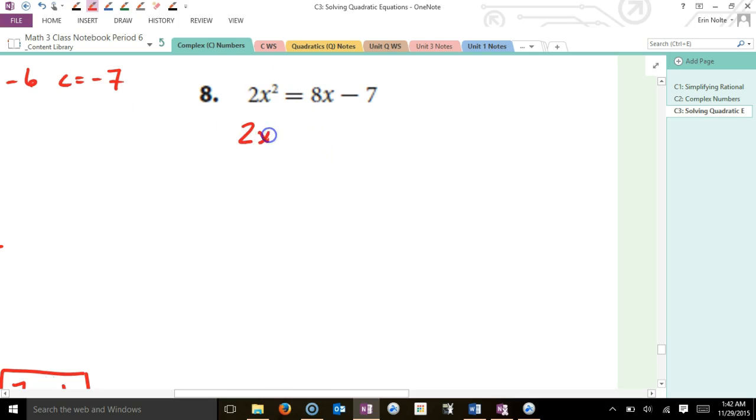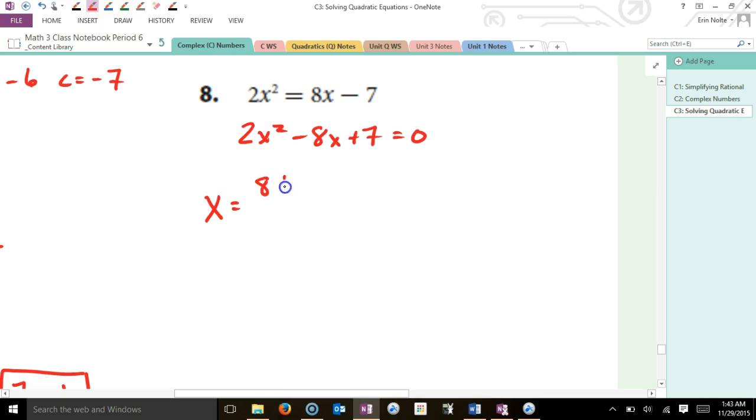By habit, I always make my x squared positive. That's just the way I always do it because that's just how you do it when you factor, and so I just do it that way. So you don't have to do it that way, but that's how I'm going to do it. Okay, so it starts out as negative b. What's my negative b value? 8.